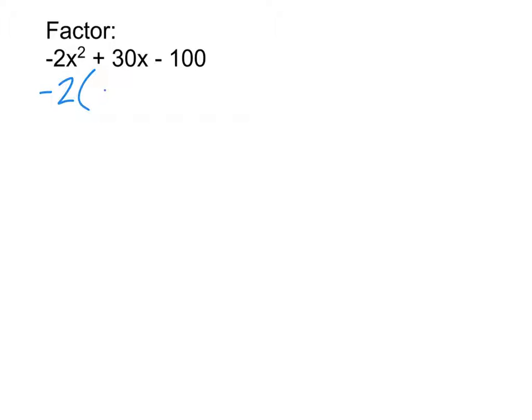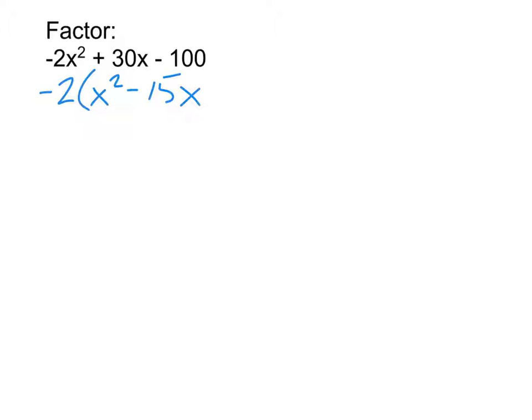Now by doing that, yeah, we get just plain old x squared here, but the next term, the plus 30x, is going to change. 30 divided by -2 gives me a -15. So that's minus 15x. Notice our signs changed. Why are we doing division? Because we're factoring out.